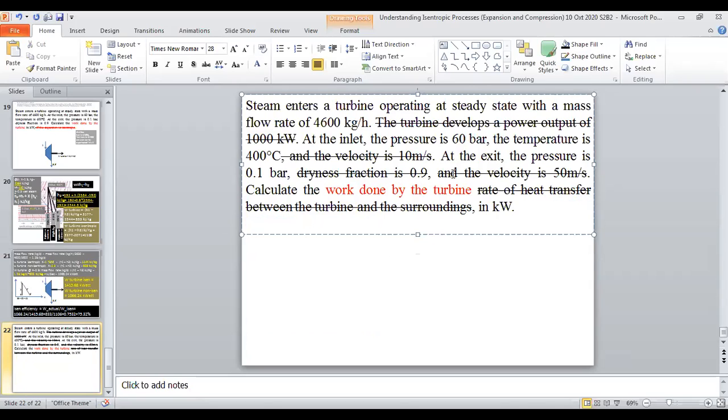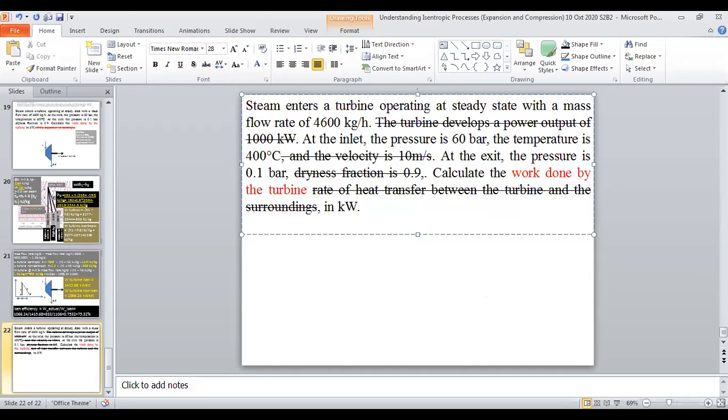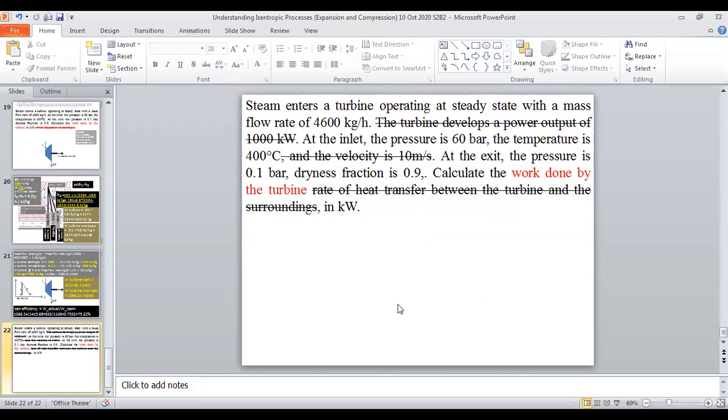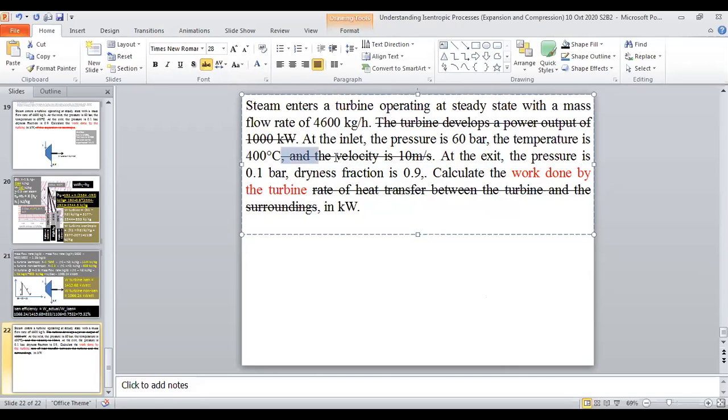Dryness fraction 0.9, I keep it. I take this out, the velocity 50 meters per second. Still for this case, dryness fraction is 0.9. I consider this, another velocity here of 10 meters per second. I take that also out.